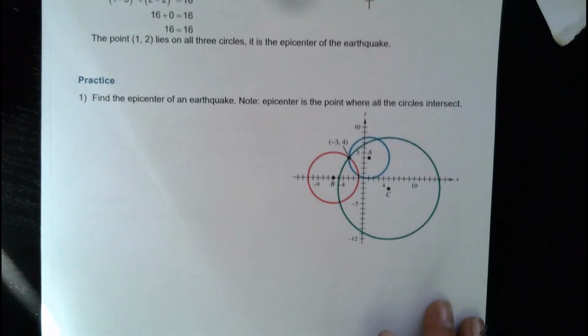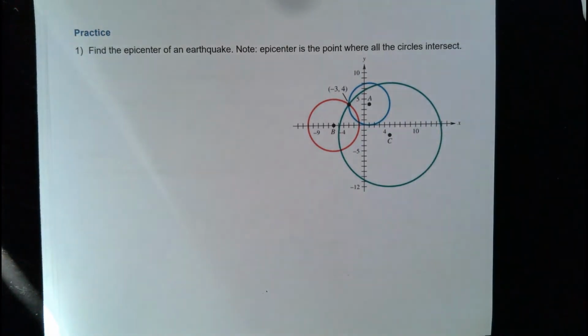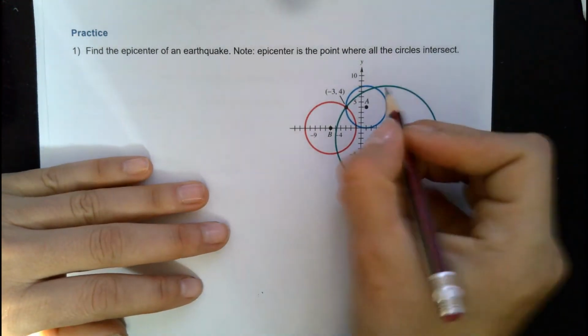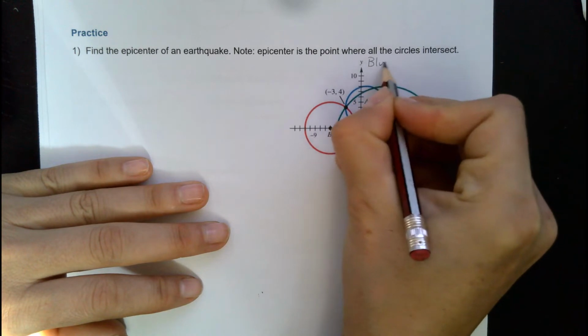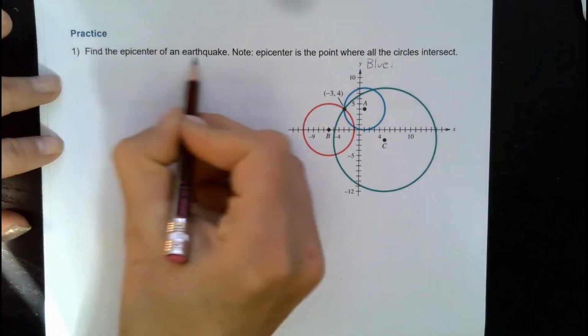So that's the example, but here is our question. We have 3 circles, A, B, C, the red one, the blue one, and the green one. So let's start with the blue one. It says find the epicenter of the earthquake.